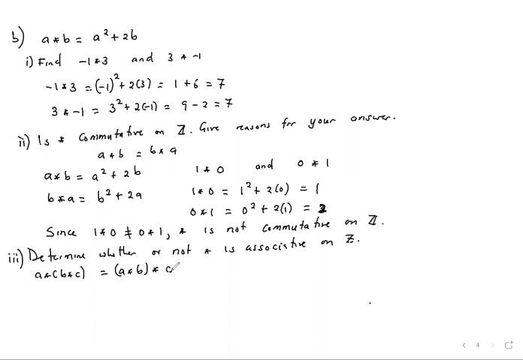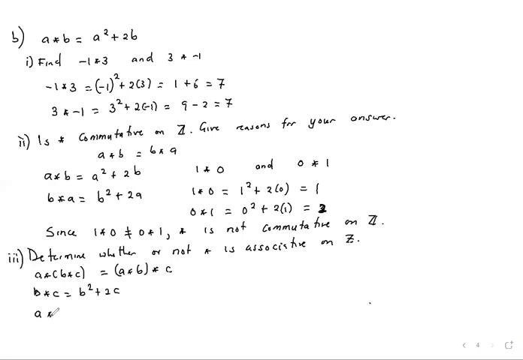A star (B star C) will be defined as, okay, first we can get B star C and define it as B squared plus 2C.